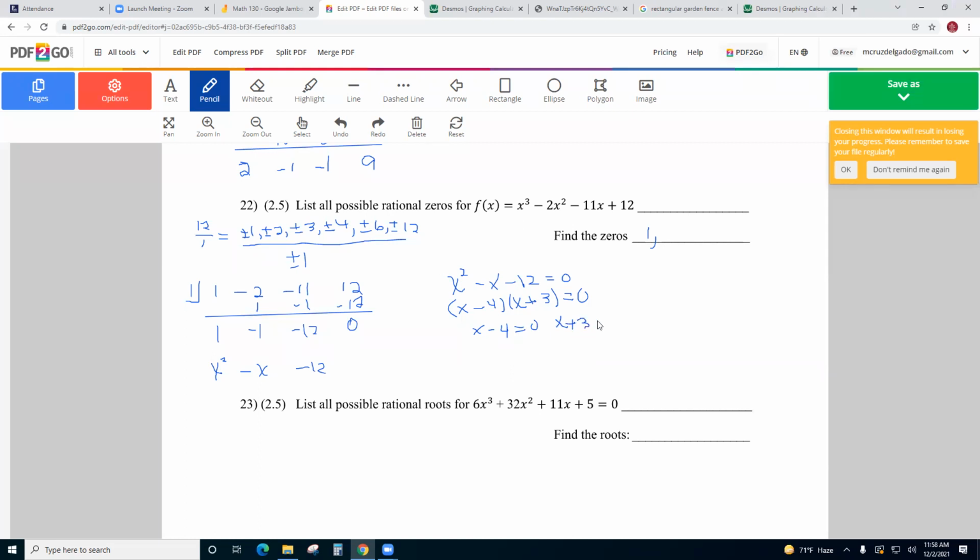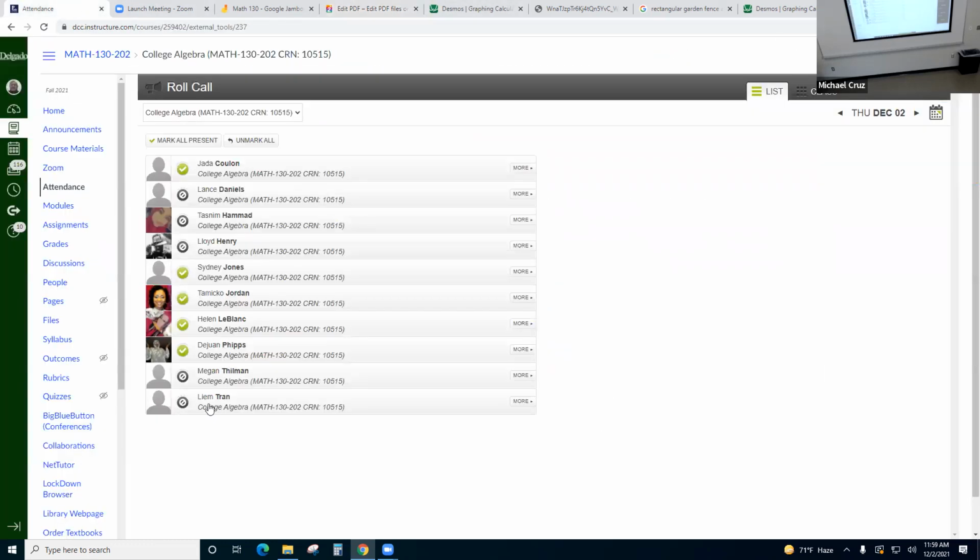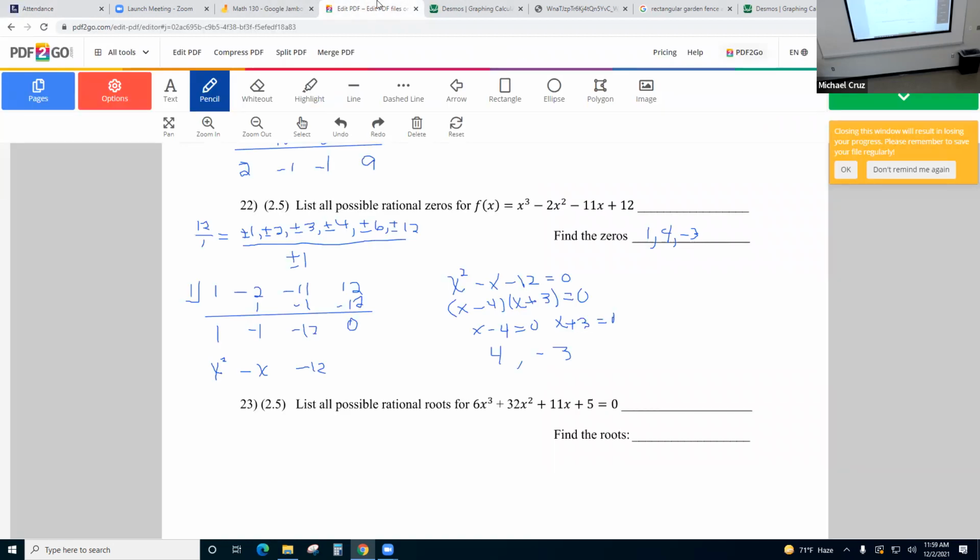So it'll be 4 and -3. Right. So the first one takes some arm and hammer power to find when it's a cube. And then after that, you can usually solve them pretty easily.